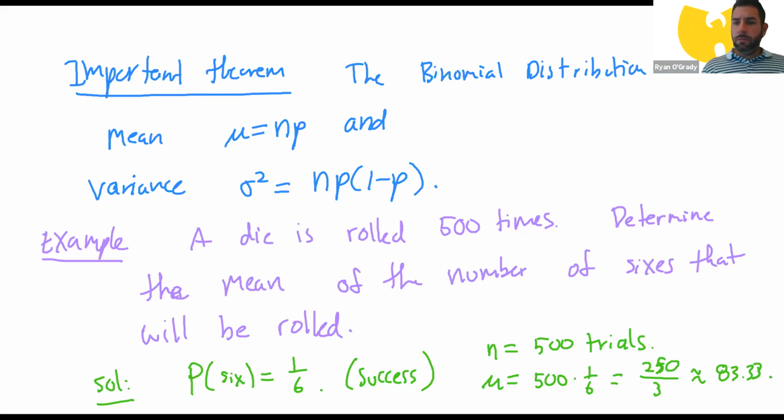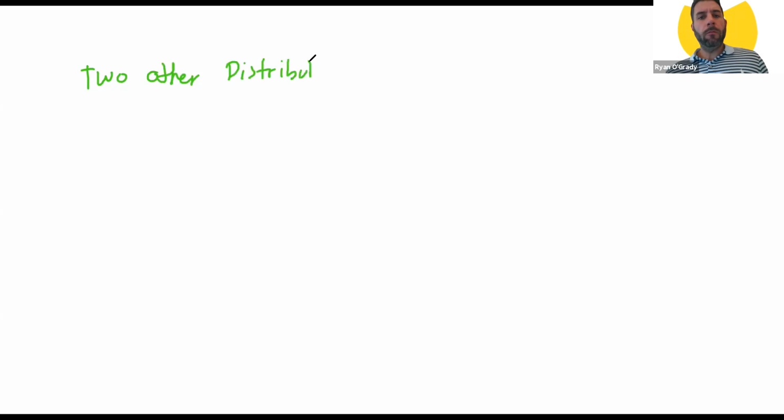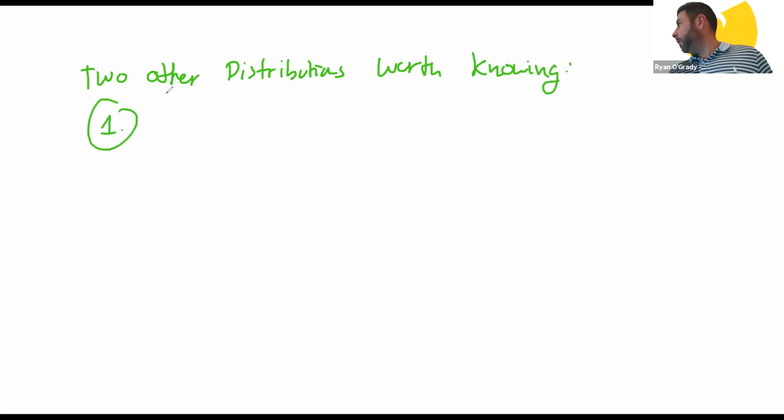Okay, so there are two other distributions that are worth knowing. The first one is what we call the geometric distribution.